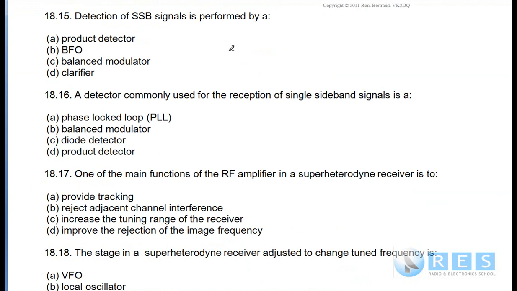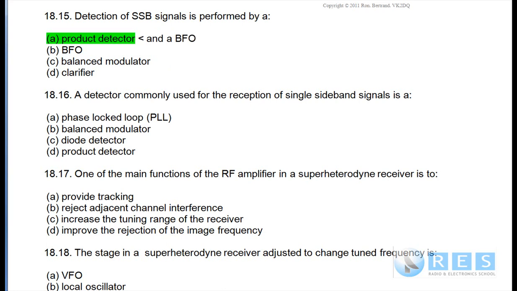18.15. The detection of SSB signals is normally performed by, actually there's two answers here. Product detector is the correct answer, but you also need a BFO. But that is the most correct answer. So for SSB you need a product detector and a BFO.